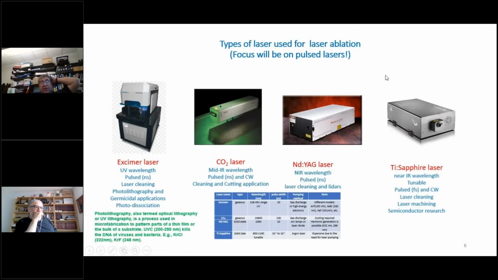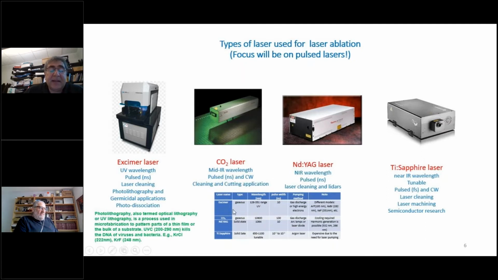So these are some different types of lasers used for laser ablation. Some of these are gas lasers, and some of them are solid state lasers. From left, you have the excimer laser, which is a UV wavelength laser. You have anywhere between 126 to 351 range.